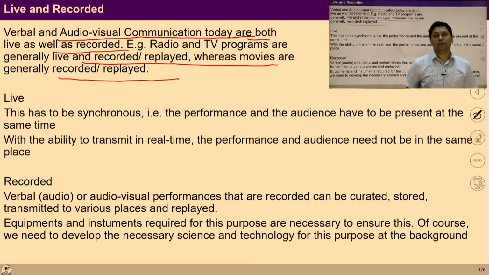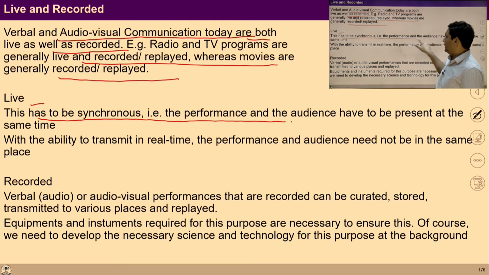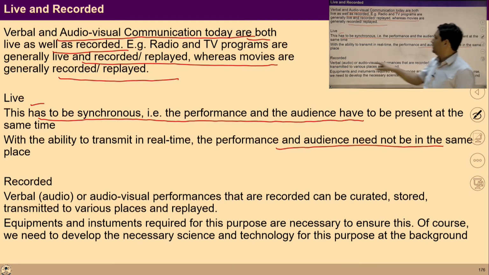In today's scenario, we have this facility: we can record the event, we can replay the event. But in live, this has to be synchronous, that is, performance and audience have to be present at the same time. With the ability to transmit in real time, the performance and audience need not be in the same place.